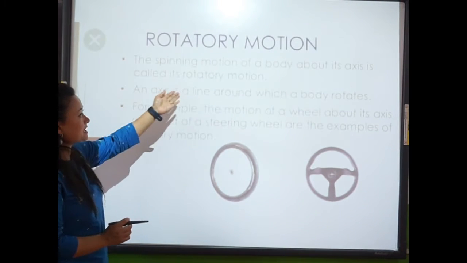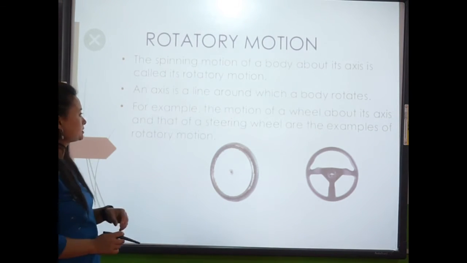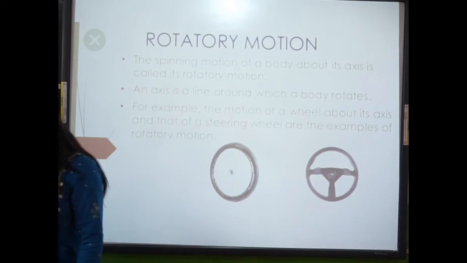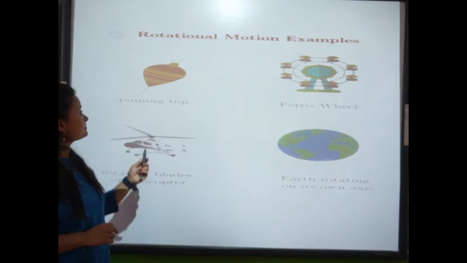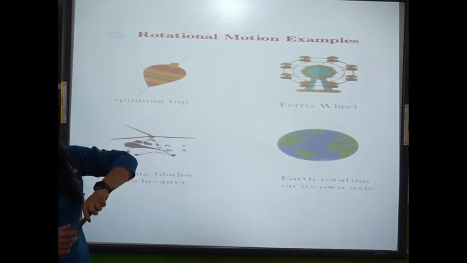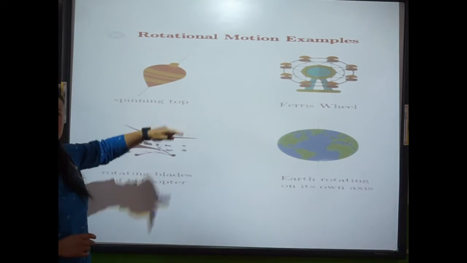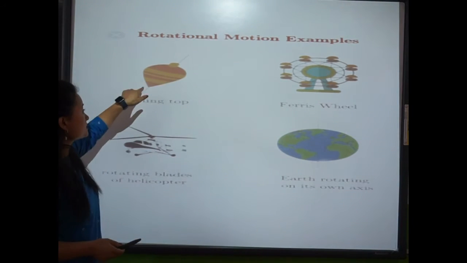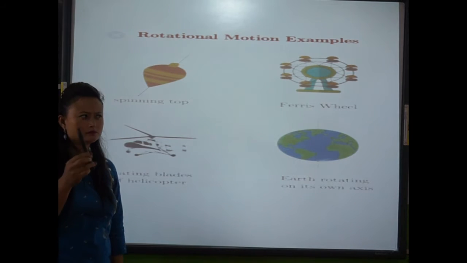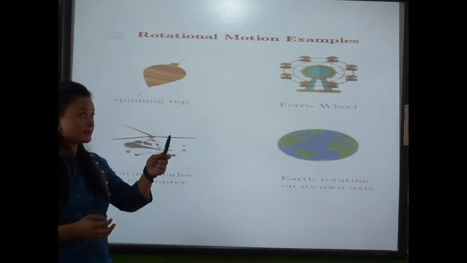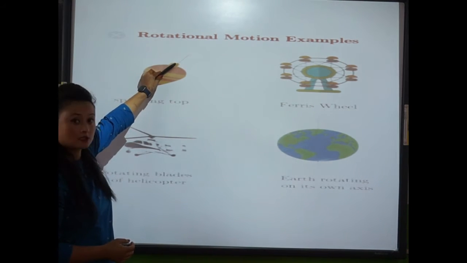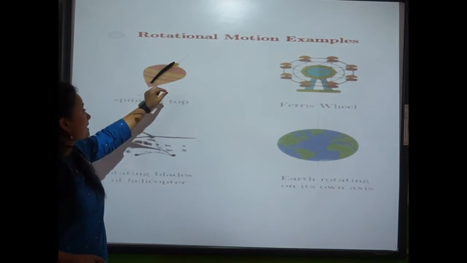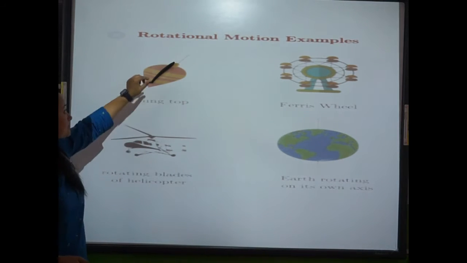The axis is a line around which a body rotates. Some of the examples given here are steering wheels, and we have some more examples. Rotational motion examples: a spinning top. You've seen those tops. When you rotate them, the top has a fixed axis like this, the metal handle over there, that is your fixed axis.